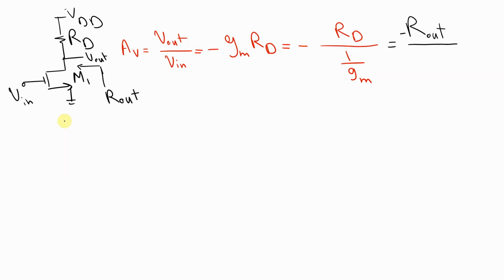this resistance seen from the source of this amplifier through the gate.